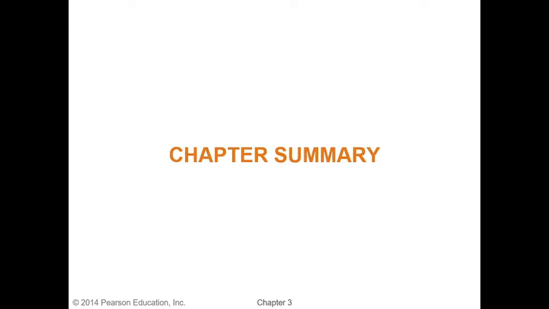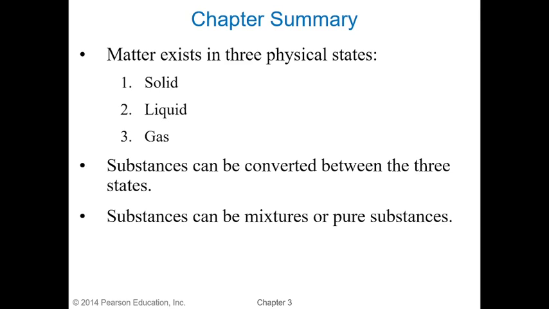So, to sum up the whole chapter, we were able to discuss the three physical states of matter: solid, liquid, and gases. We acknowledge that there are other states of matter, but we will focus more on these three basic states of matter. So substances can be converted into the three states.